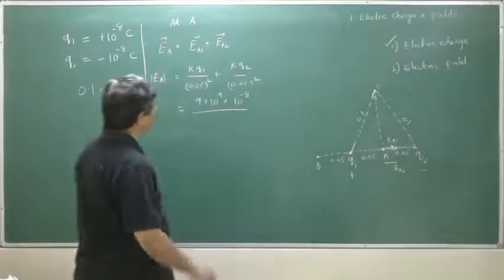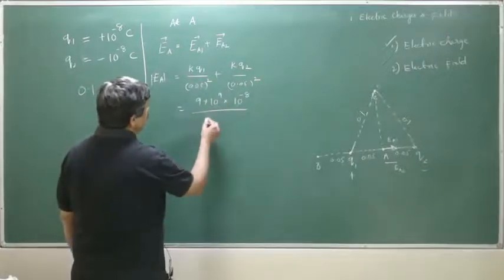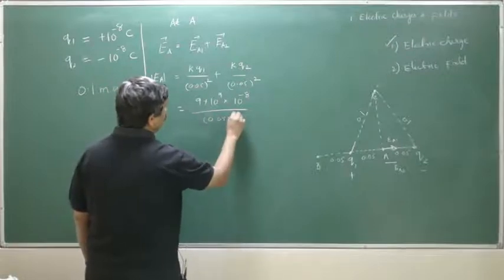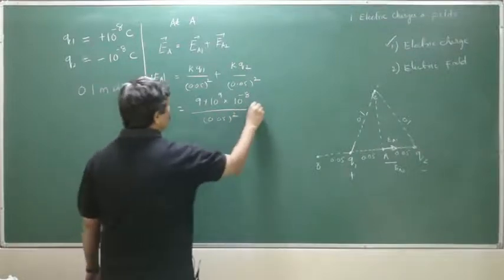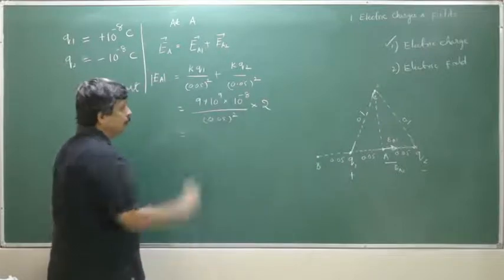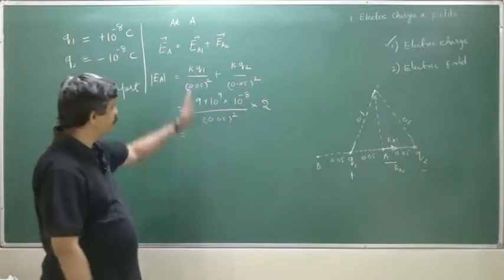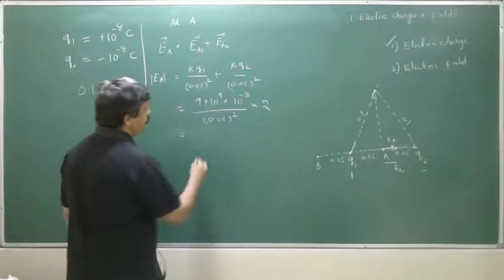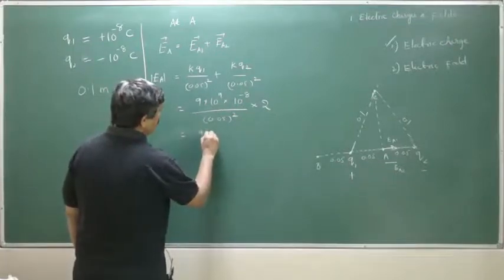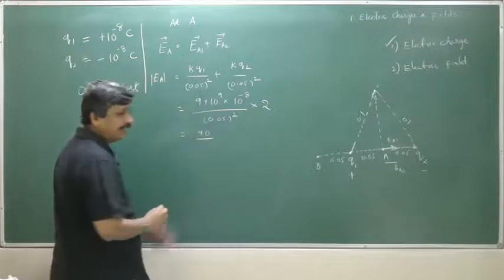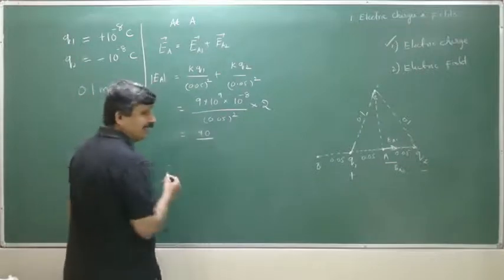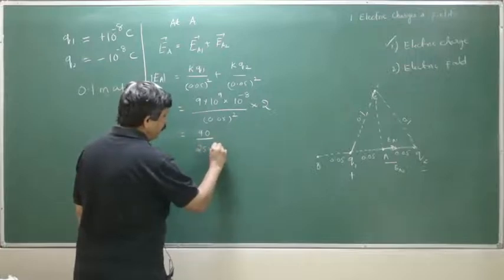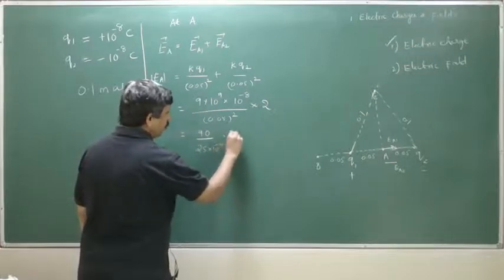So, I am going to write here 0.05 square, into 2, because both are exactly the same. So, what is the value of this? 90 divided by 0.05 square, which is 0.0025, which is 25 into 10 power minus 4, into 2.